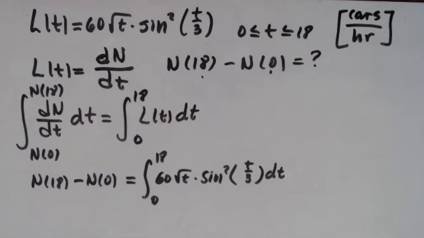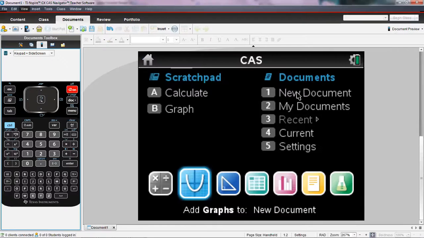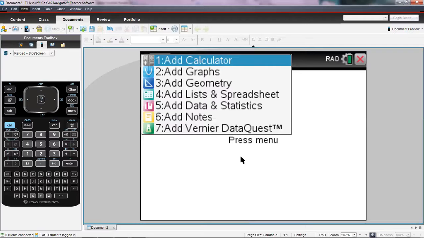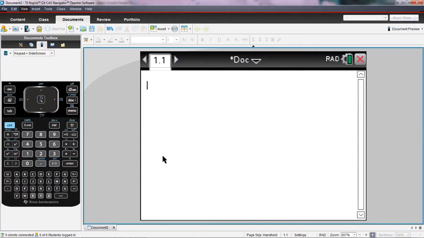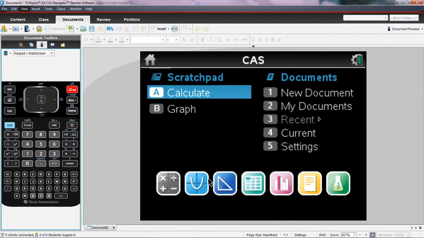Okay, so let's go to the calculator right here. I'm going to open a new document. I don't save. I'm going to put a calculator. And if I don't want to type this again, I'm going to do the same, or you can define, or you can plot. Let's just plot, a different method.